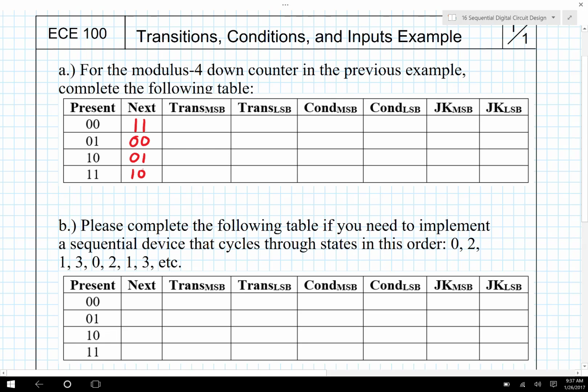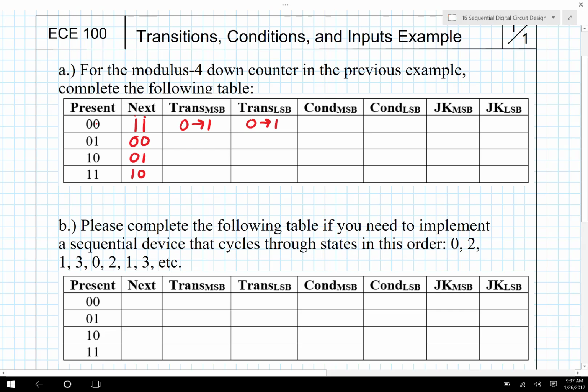Now the next thing we need to do is just simply break these up bit by bit. If I look at the most significant bit, and I'll just dot it right there, that's a 0 to a 1. And if I look at the least significant bit, which is this one right here, and the least significant bit over here is this one right here, so that's also going to be a 0 to a 1.